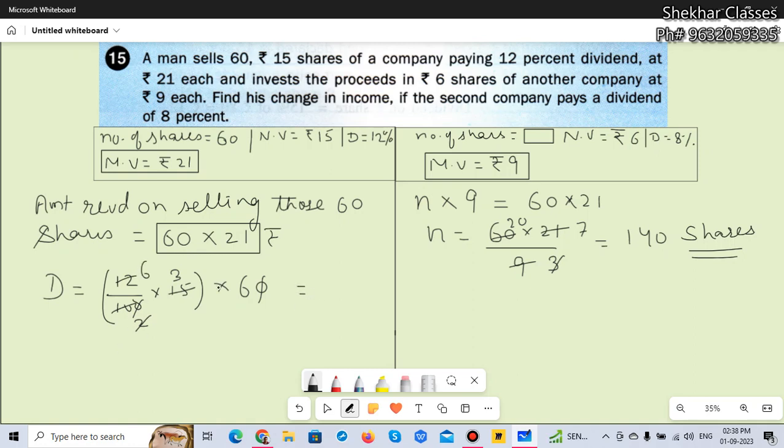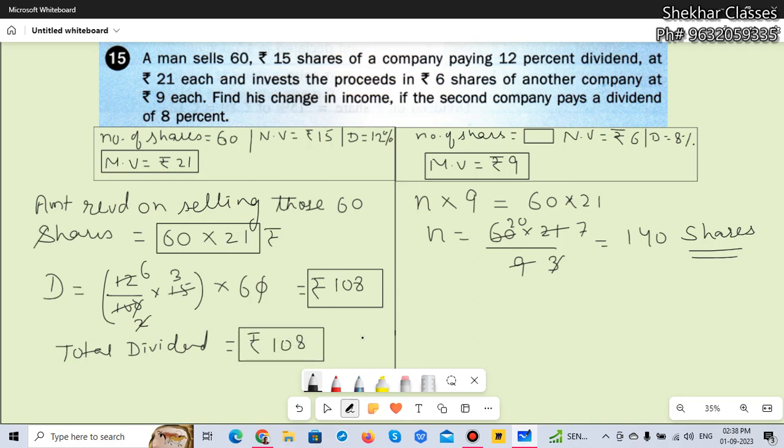So that will give you how much? 6 3s are 18, 18 6 6 are 108. So this is the amount he has received, right? It will be 108 rupees is the dividend on all the shares he has got. Okay, total dividend received is how much? Rupees 108.